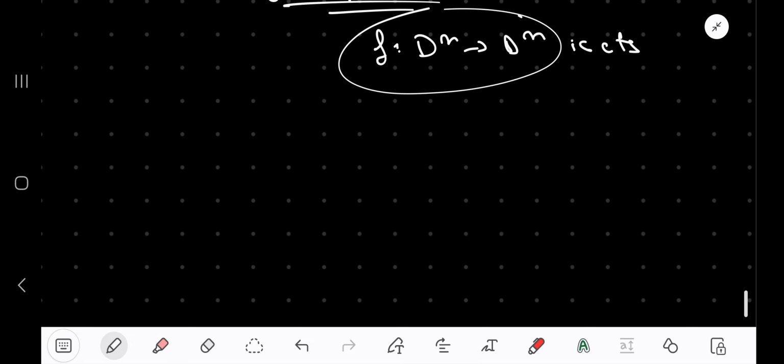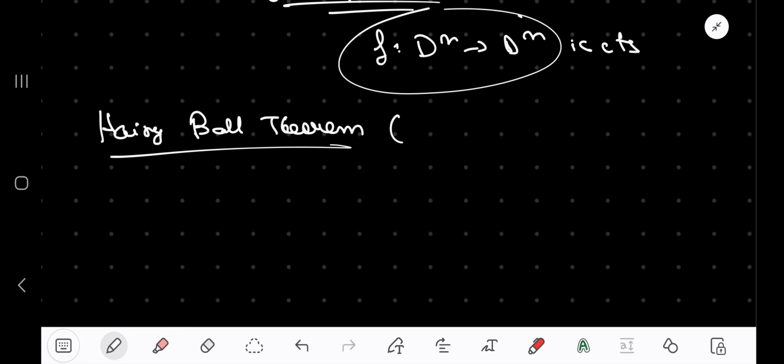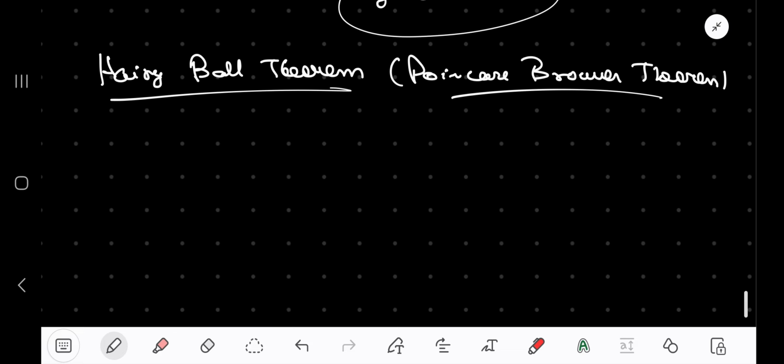Then we have something more interesting, which is not exactly a fixed point theorem, but something like an anti-fixed point theorem. A more famous name for it is the Hairy Ball theorem, and it's also sometimes called the Poincare-Brouwer theorem. This says that if you have a function f from S2 to S2, that is the sphere, how do we define S2?